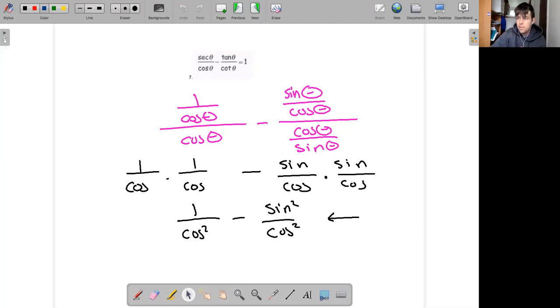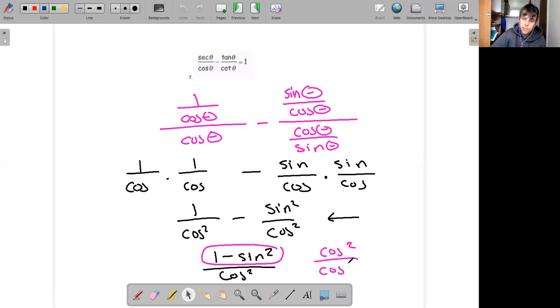The other way to go about it is even more straightforward. We have a common denominator here, so let's just put them together. It becomes 1 minus sine squared over cosine squared. We do know one of our Pythagorean identities says that cosine squared is actually equal to that. So I can replace this with cosine squared over cosine squared, which obviously does equal 1.